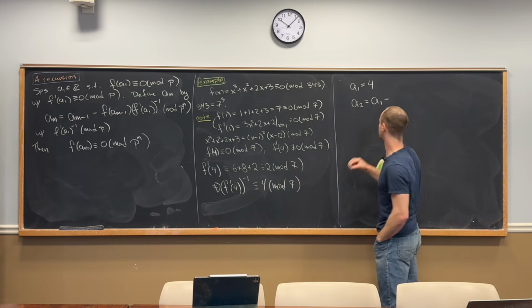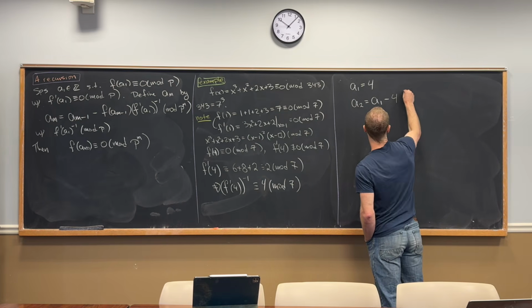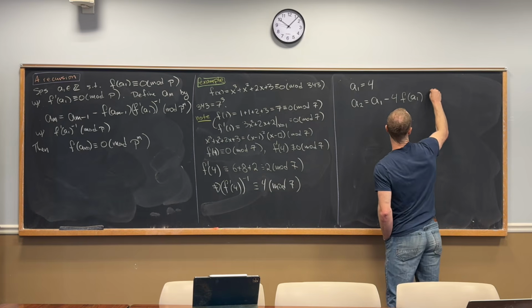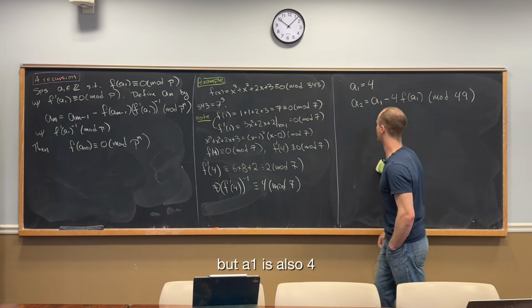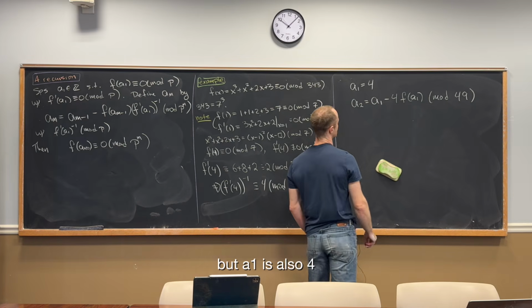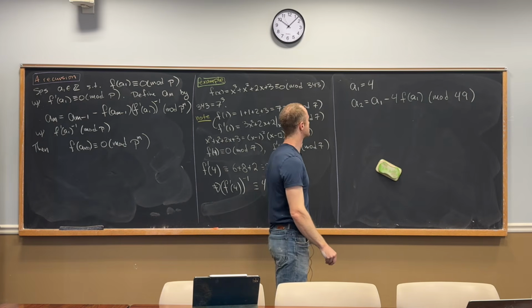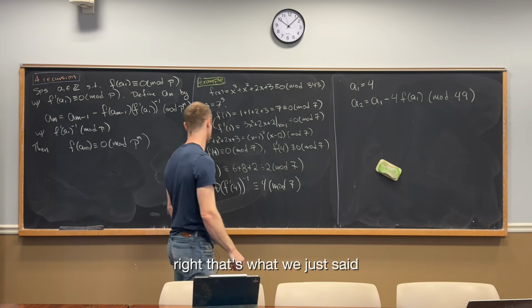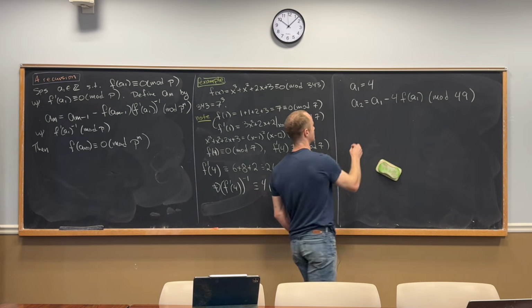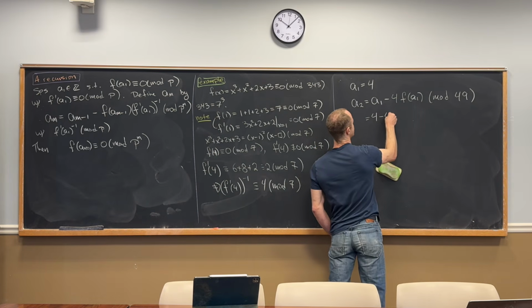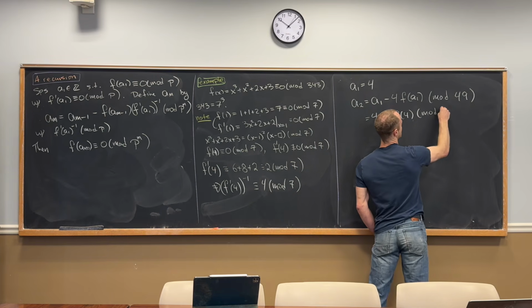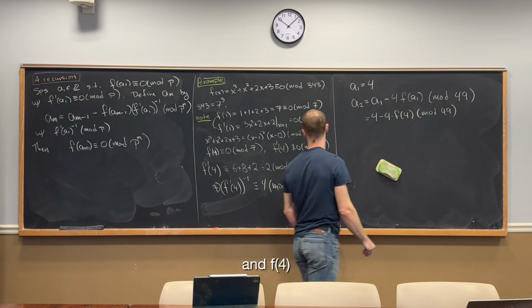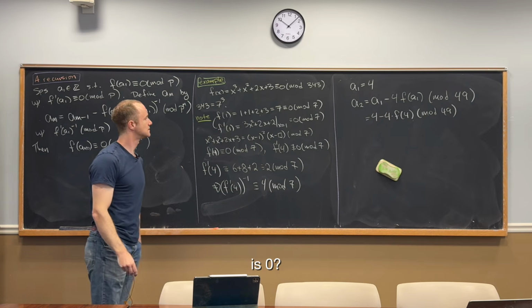So that's 4 minus 4 times f of A1 mod 49. But A1 is also 4, right, that's what we just said. So this is 4 minus 4 times f of 4 mod 49, and f of 4 is 0.